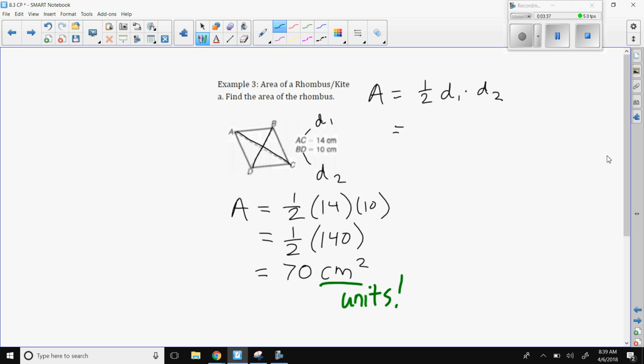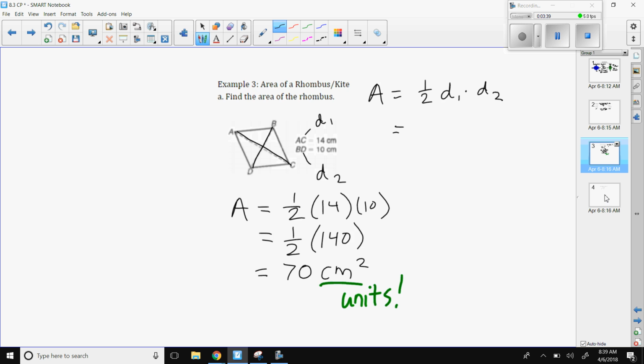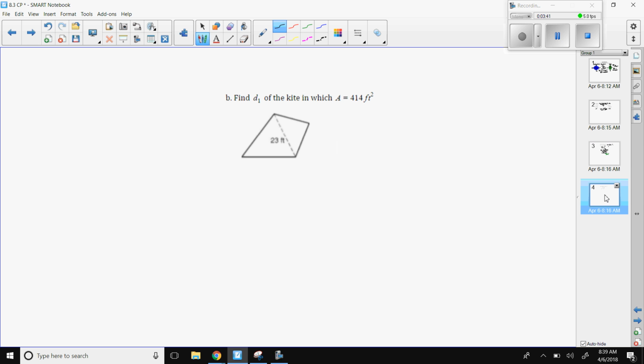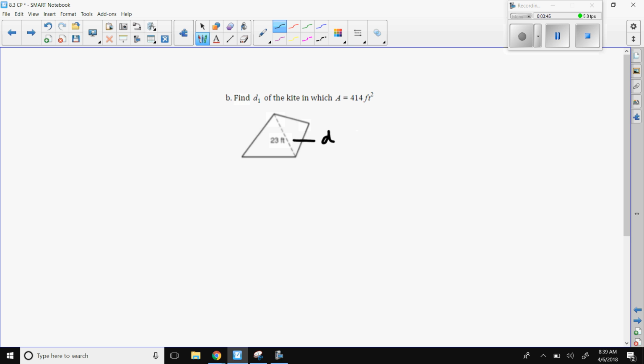The second one is an example of a kite. We have in our example of a kite, this one's a bit different. I only have one diagonal, so here I'm given diagonal 1, or I'm given diagonal 2, I'm sorry. Find diagonal 1 of the kite when the area is already given to us. So I have my area.